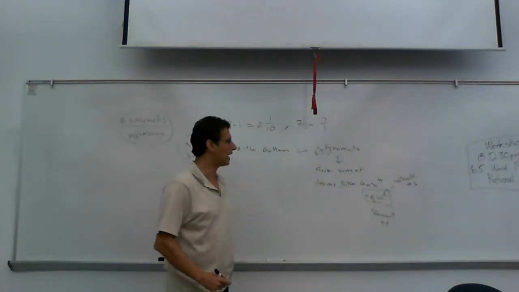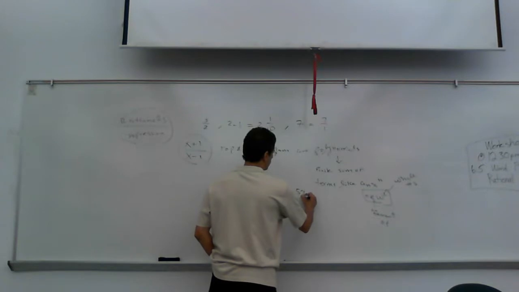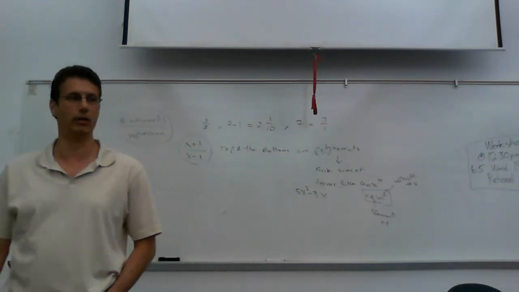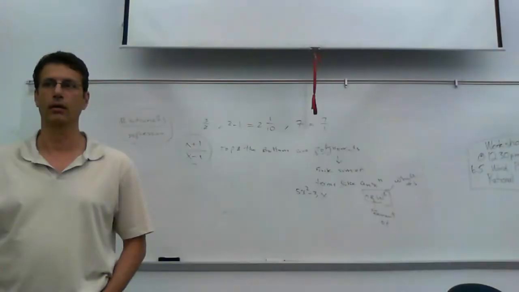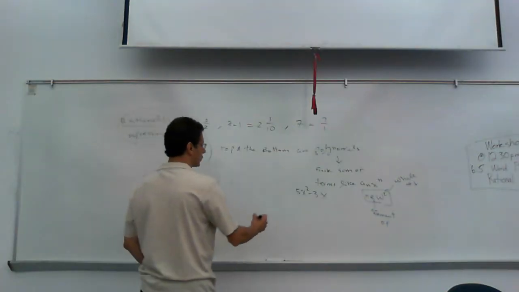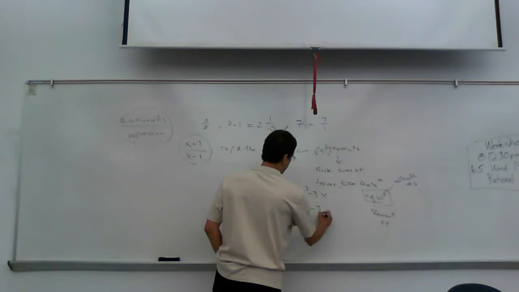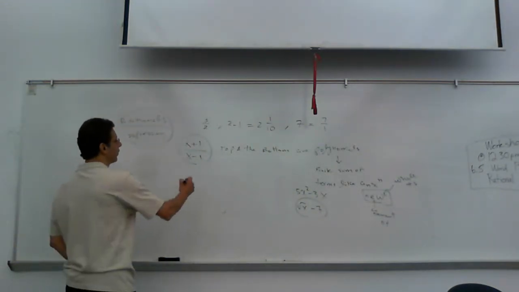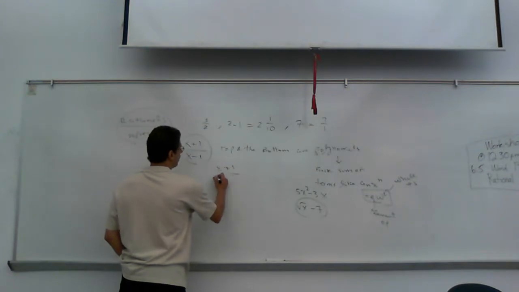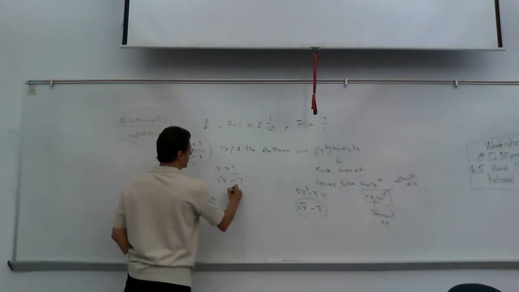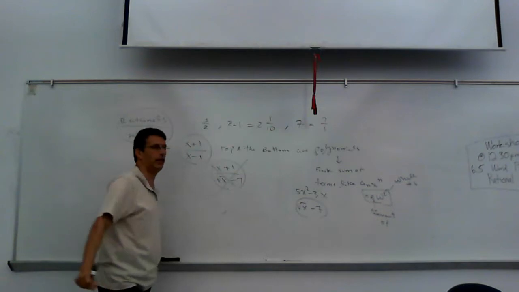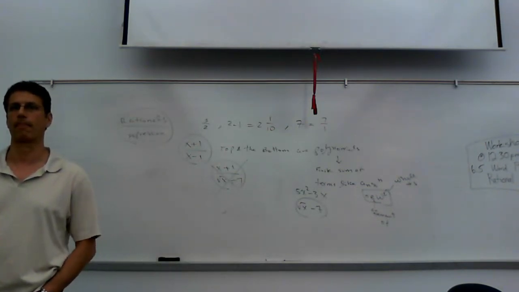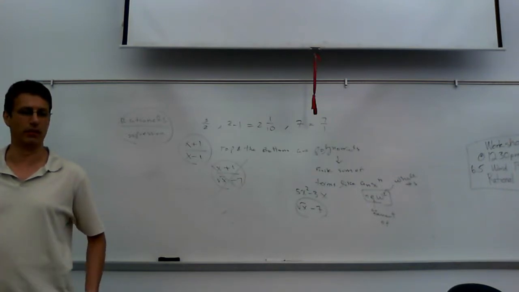Okay? So for example, if I said 5x squared minus 3x, we've discussed that, it's an example of a polynomial. Right, class? But if I said the square root of x minus 7, that's not a polynomial. Therefore, if I said x plus 1 over the square root of x minus 7, not a rational expression. Got it?